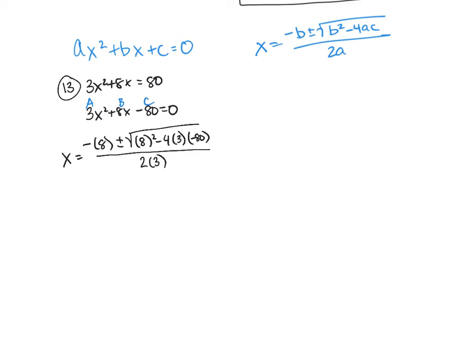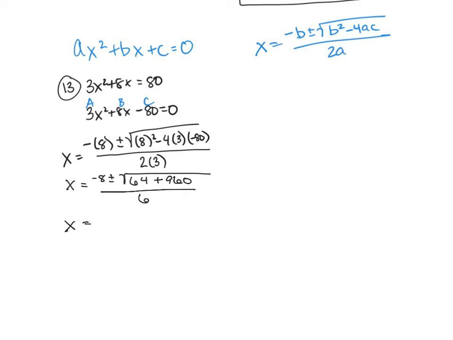So from here, I'm going to simplify where I can. We'll have x is equal to negative 8 plus or minus the square root of 64. That comes from the 8 squared. Now we have a negative 4 times 3 times negative 80. I grabbed my calculator, but we end up with a positive 960, over 2 times 3, or 6.